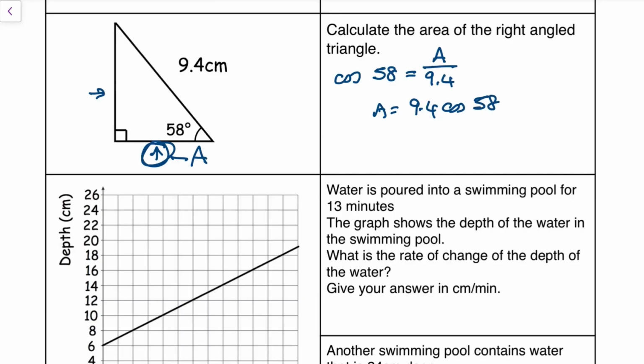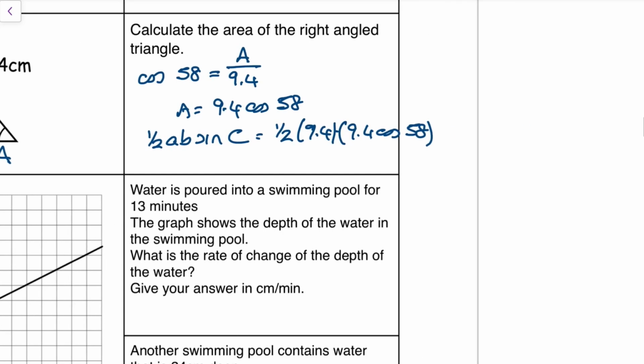Then what I want to do, I want to calculate the area of the right angle triangle. Now using half ab sine C, which as I've said in several videos, you may not see this until the end of your course, so you may not have seen this yet, but you will come across this. So that's going to be a half times the sides, which is 9.4 times 9.4 cos 58 times sine of the angle in between, which is sine of 58.